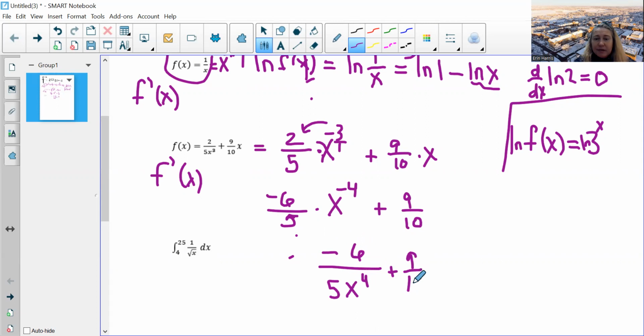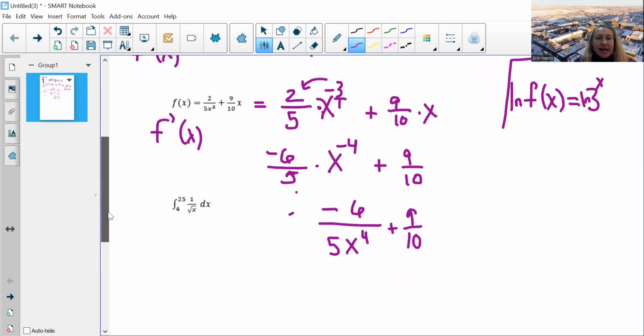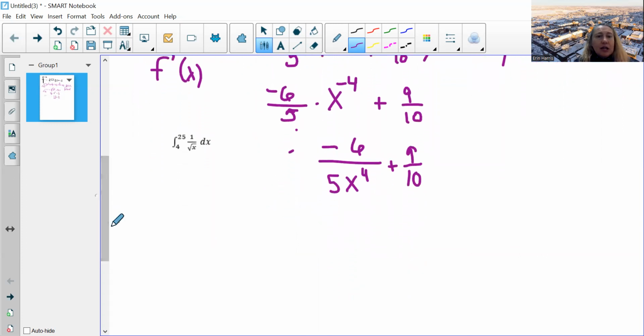Okay, so we can't forget just our basic power rule, okay, that we were doing way back at the very beginning. So same thing down here with this antiderivative. Okay, a lot of students just immediately start saying, oh, I've got to do u sub, right? All we ever do is u sub anymore.